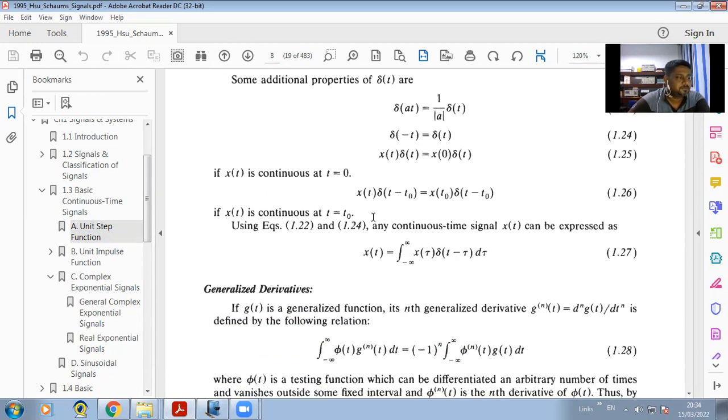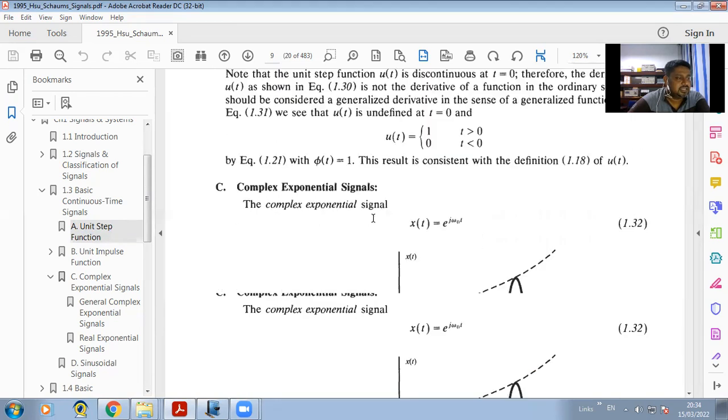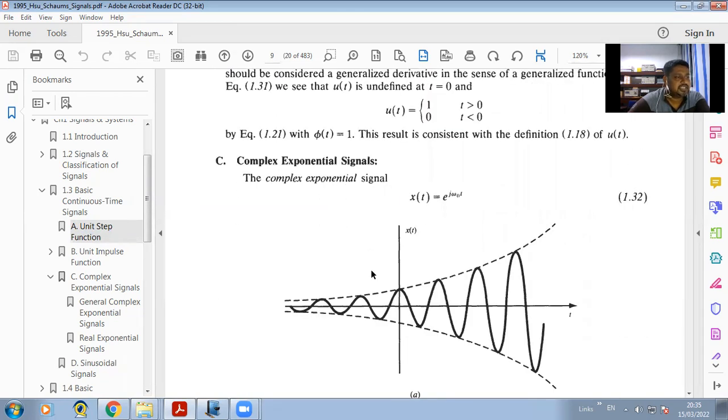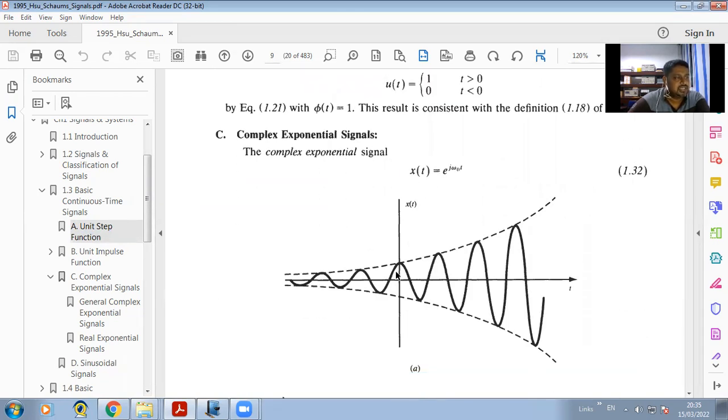The other thing is the complex exponential signal. So this is e to the power j omega naught t, where j represents the complex value. So you can see that this is a sinusoidally increasing signal when omega naught is plus.